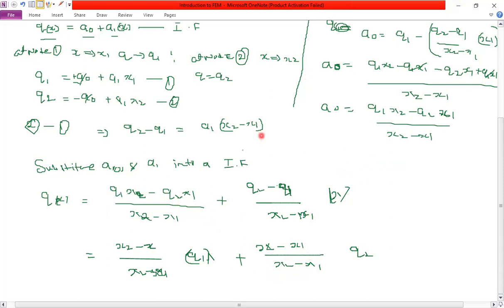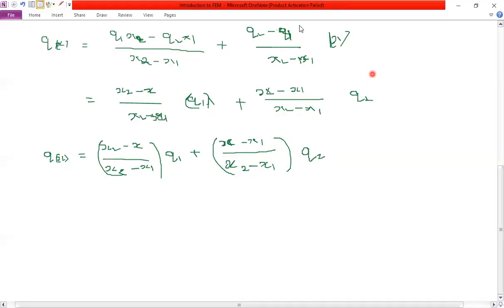So from the above equation, q is a function of q1 comma q2. I have written q of x in the form of q1 terms and q2 terms. I can write this q of x in the form of shape functions also.